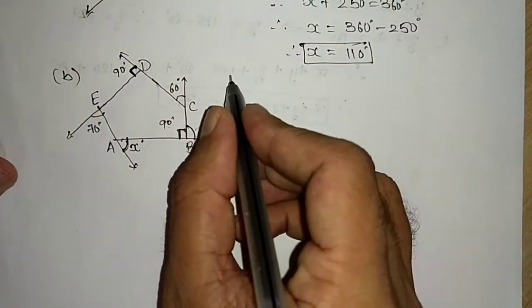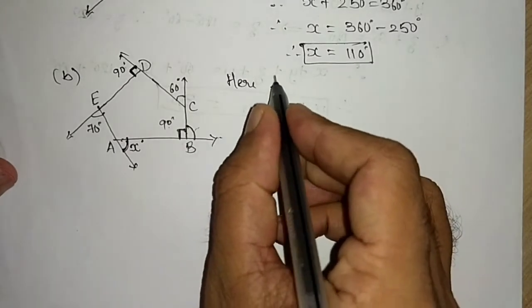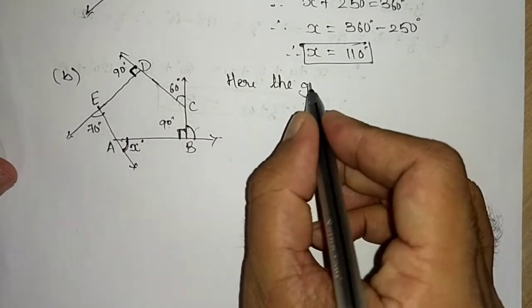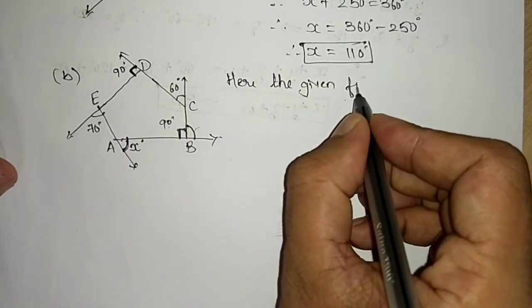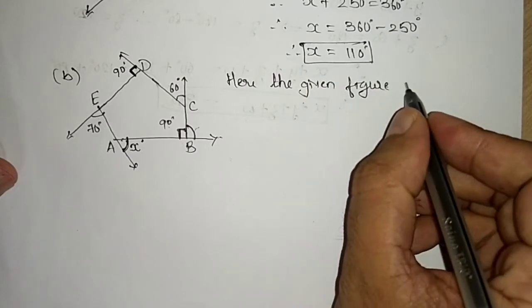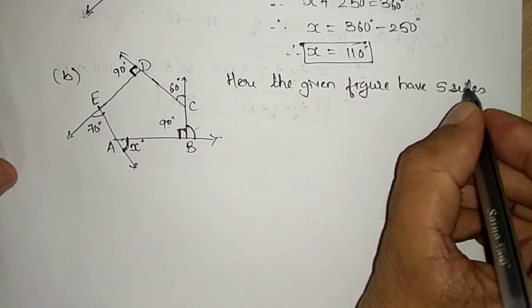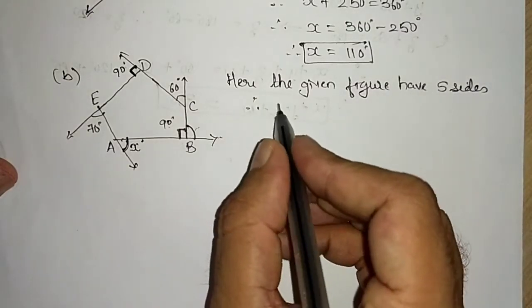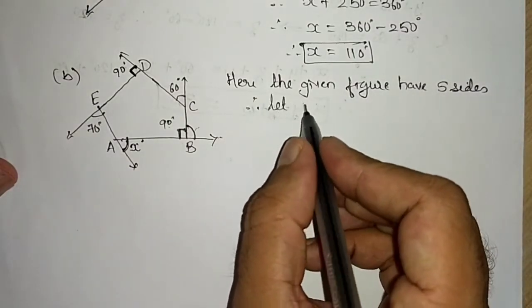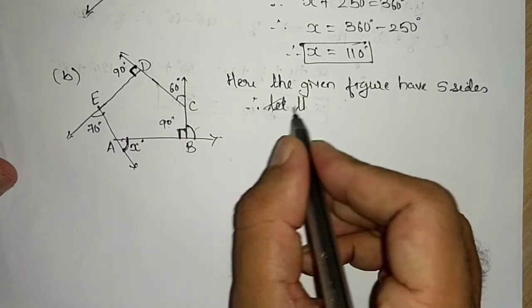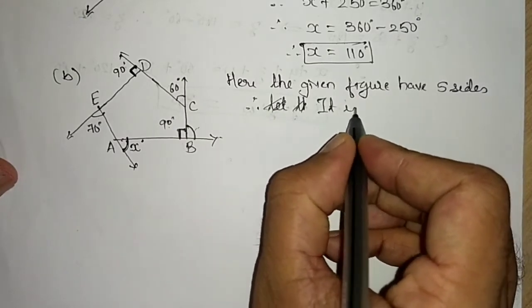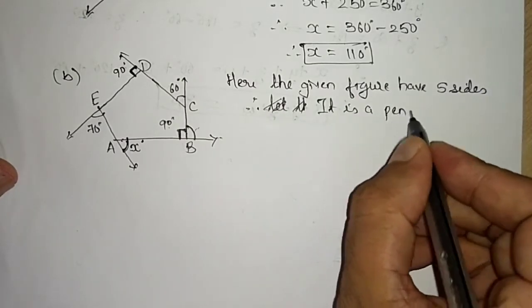We will write here, the given figure has 5 sides, therefore it is a pentagon.